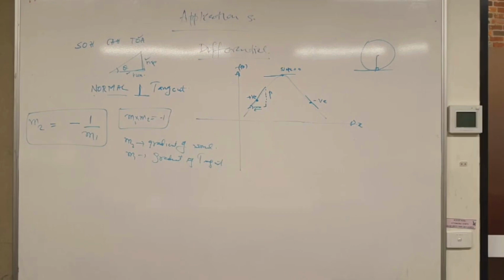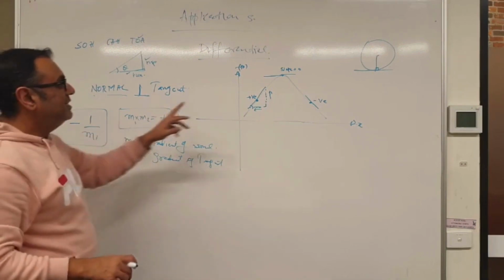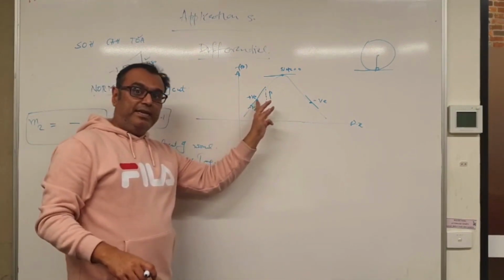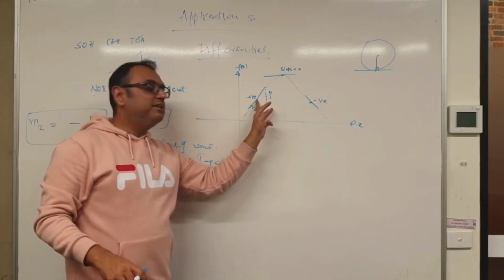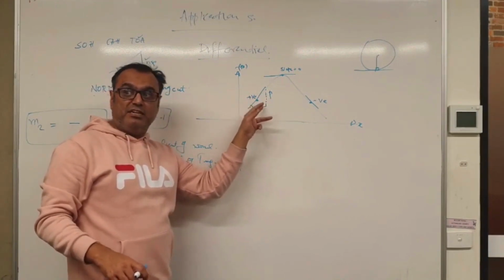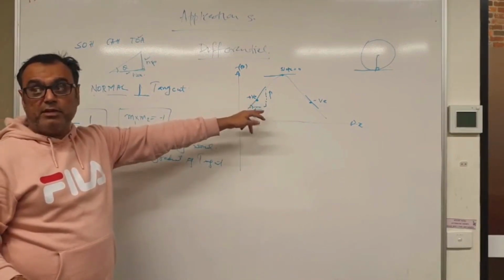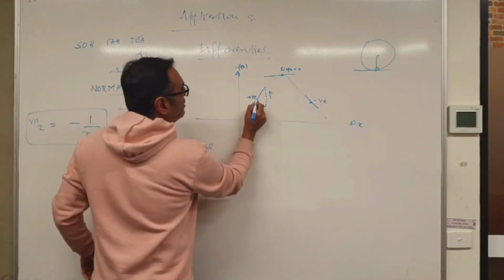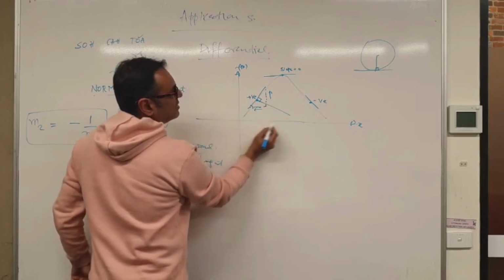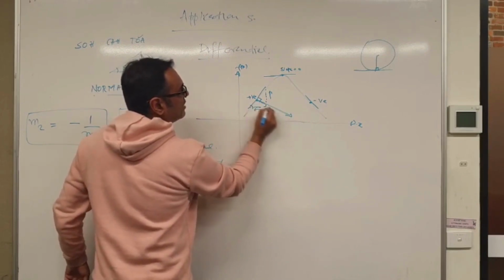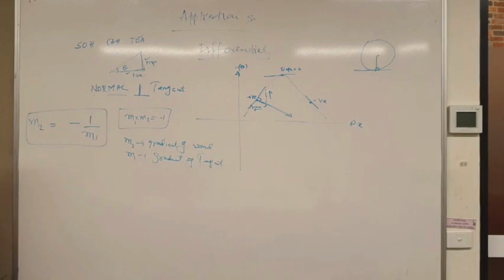You could be asked to find the gradient or the derivative at a point. That means the gradient of this tangent at a point, and then you will be asked, okay, I don't care about this tangent, find me the normal. Find me the equation of this line. And then you will use this rule.